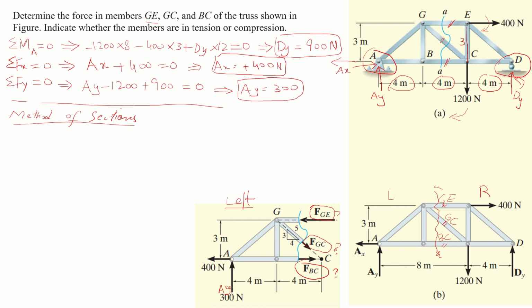You can see here, if we take moment about point G, there are two forces which are passing through point G. FGE is passing through G point and it has no perpendicular distance, so it will not produce any moment about point G. Similarly, FGC is also passing through point G. You can see here this force. This is the line of action of this force.